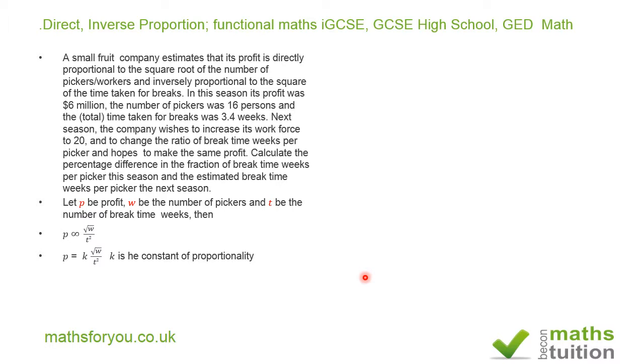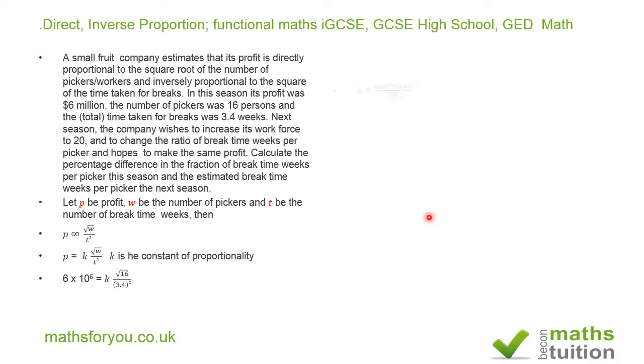Replacing with numbers, we have 6 times 10 to the power 6 equals K times the square root of 16 divided by 3.4 squared. I could have left the 10 to the power 6 out without affecting the final result, but I will leave it in for now.